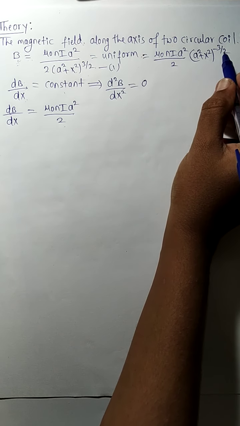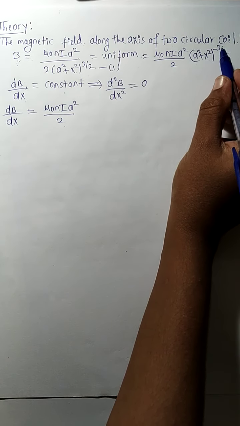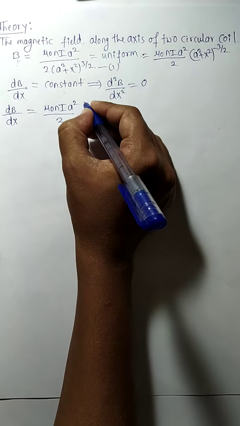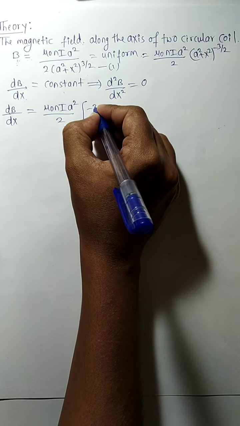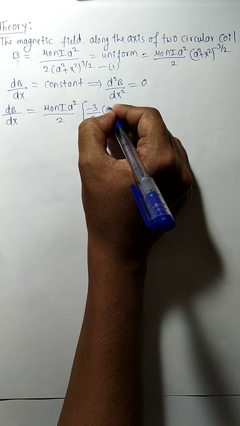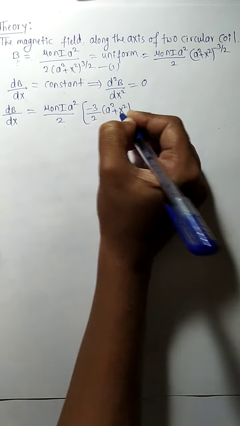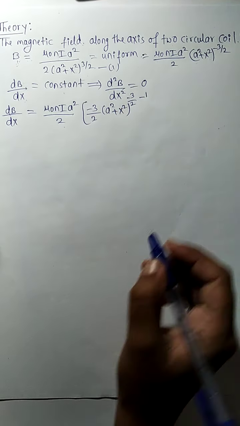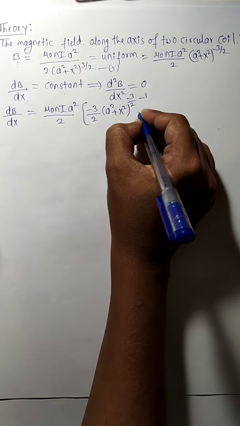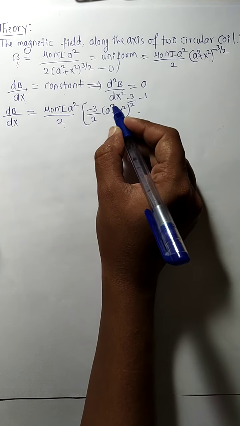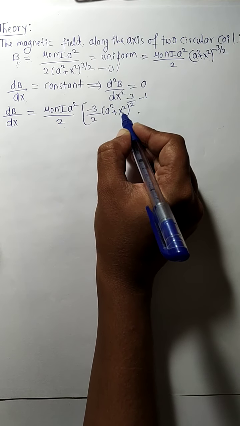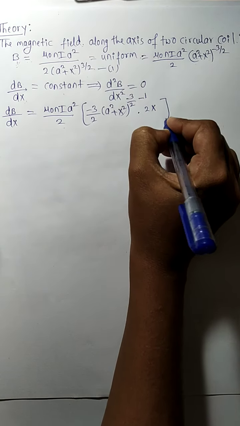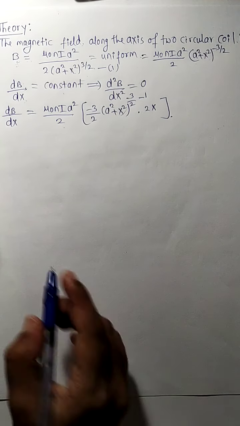If you do the differentiation, x raised to n gives n into x raised to n minus 1. So we get minus 3 by 2 into a square plus x square raised to minus 3 by 2 minus 1, and the chain rule will apply here. So x square again we differentiate, which is 2x. So I wrote like this, isn't it?